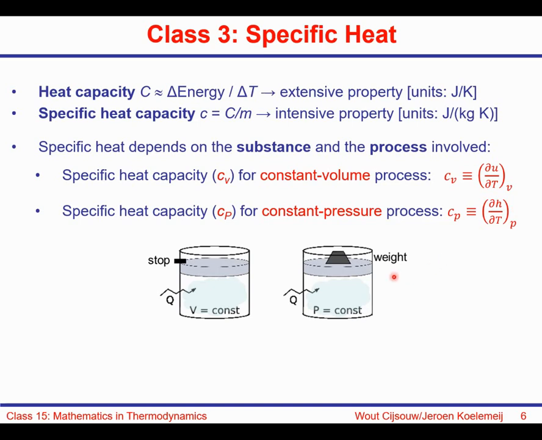To illustrate that, here's again a piston cylinder, but now the piston is free to move, and we make sure that we have the same amount of gas and the same pressure by adjusting this weight here. And we again add the same amount of heat.